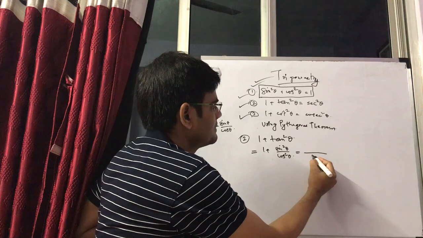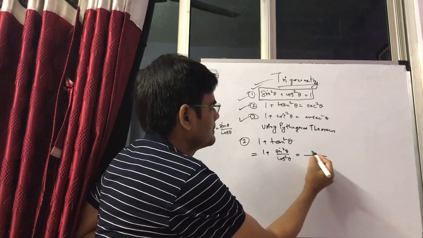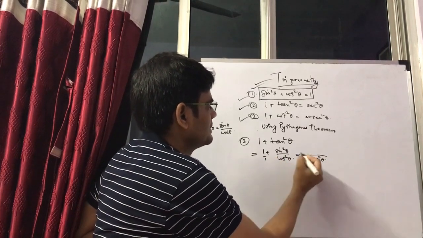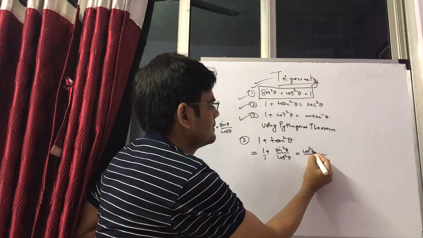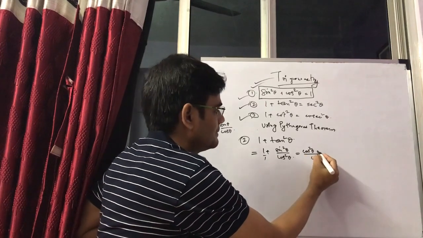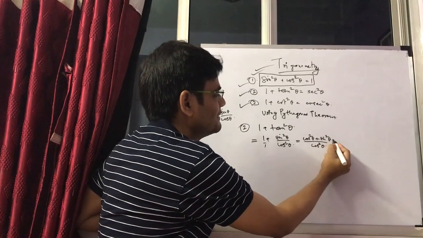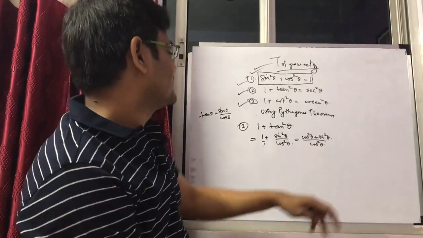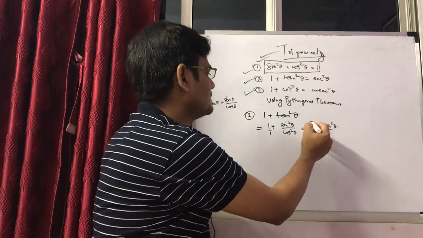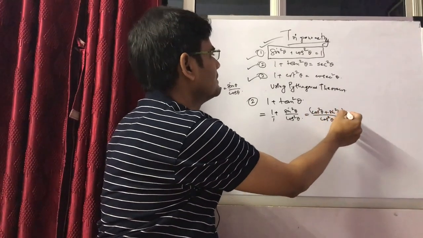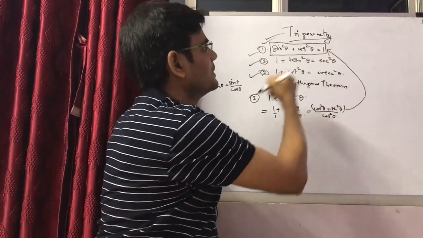You take the LCM. LCM you know, right? So cos square theta, don't say no, and don't ask me to take a class on LCM and HCF. Cos square theta plus sin square theta, this you know is 1.